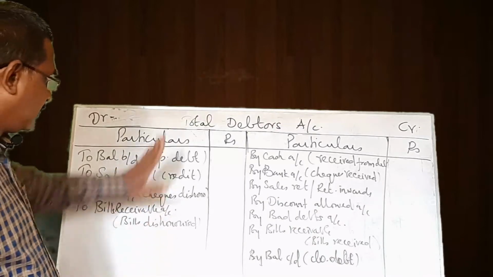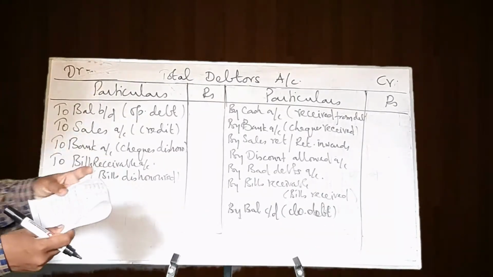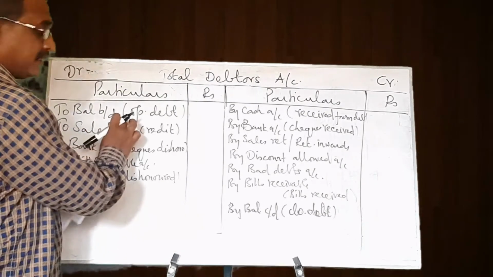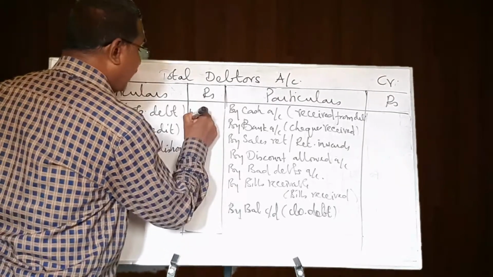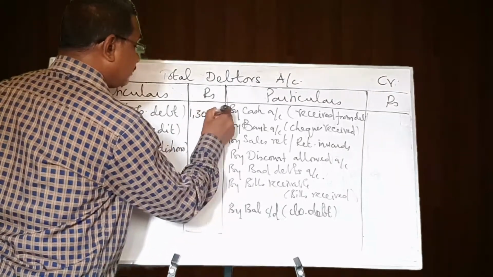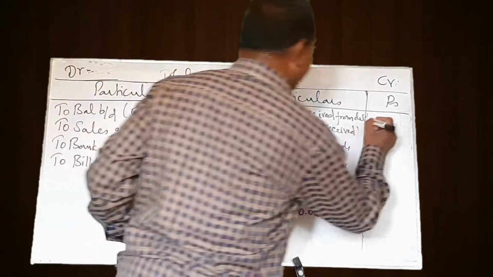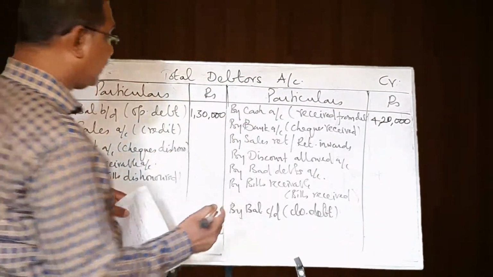Okay. Now take the total debtors account. Let us do the sum. Debtors on 1st January, that is the opening debtors. Here is the opening debtors that comes to 1,30,000. And then cash receipt from debtors 4,20,000. And sales return 35,000.